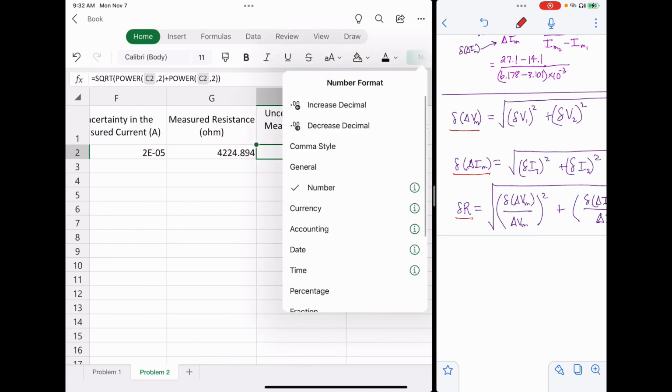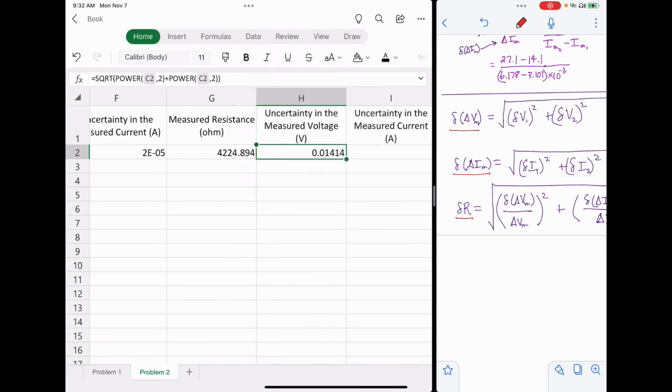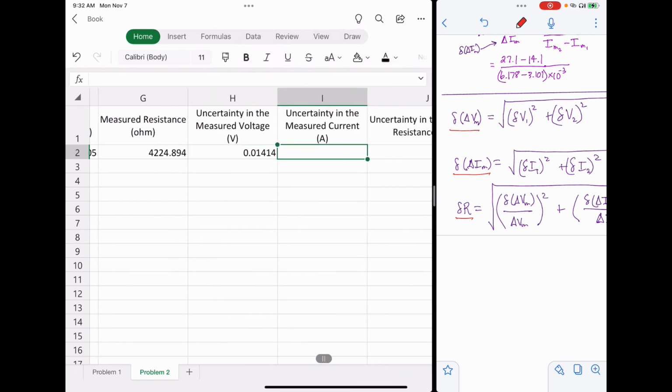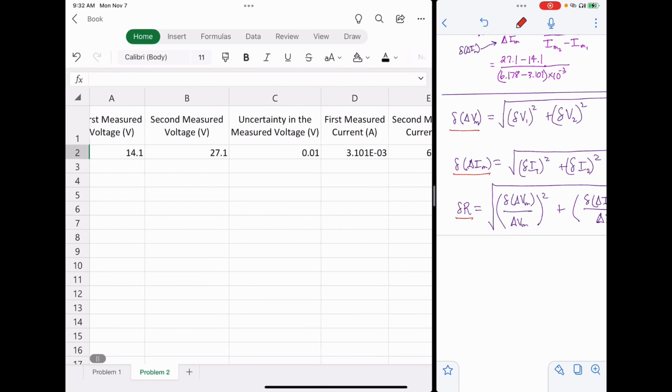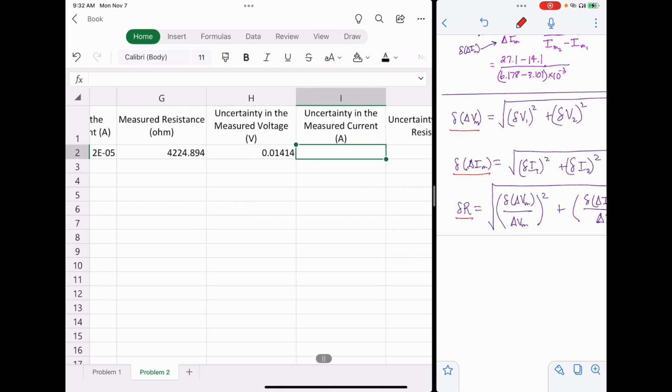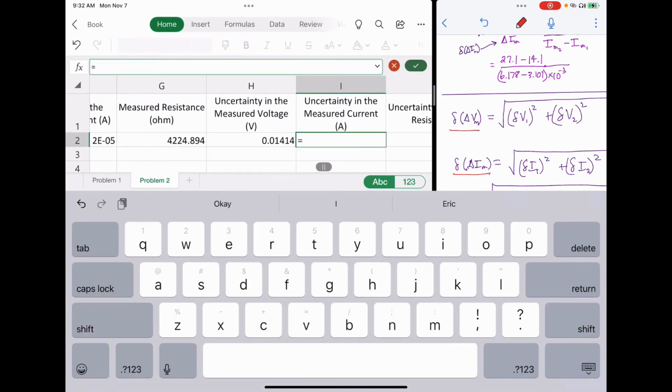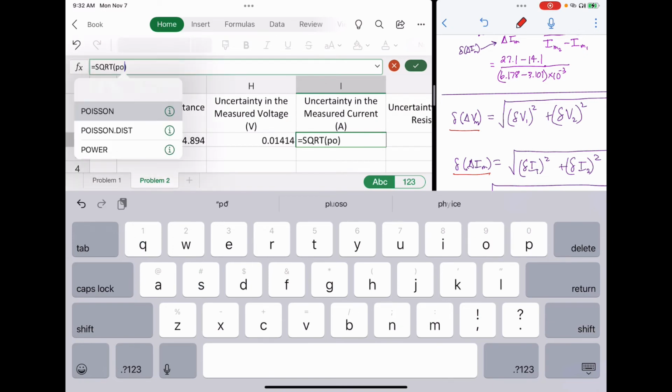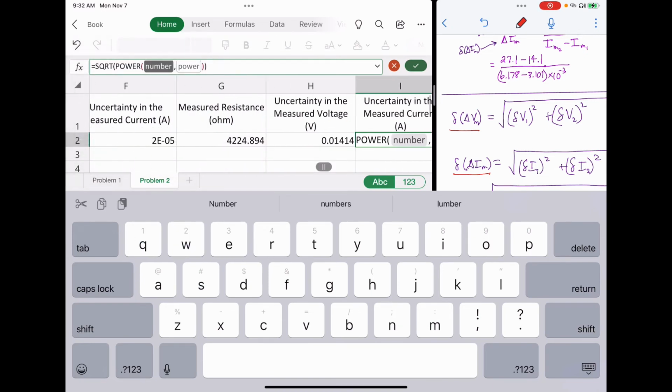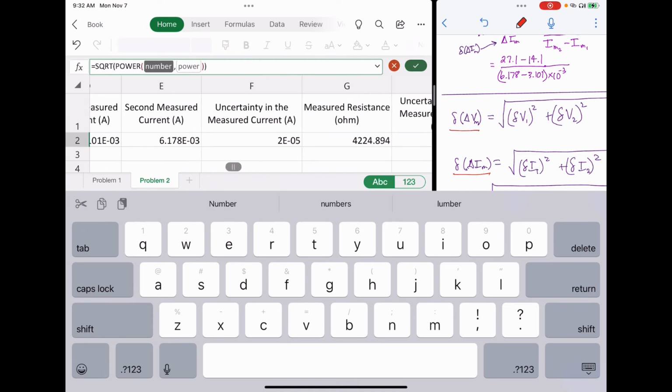Let's see if I can add some more decimal places. That's fine. Okay, so I'm going to do the same thing for the uncertainty of the power in the measured current. So here we have our measured current, and we again are going to have our measured current.